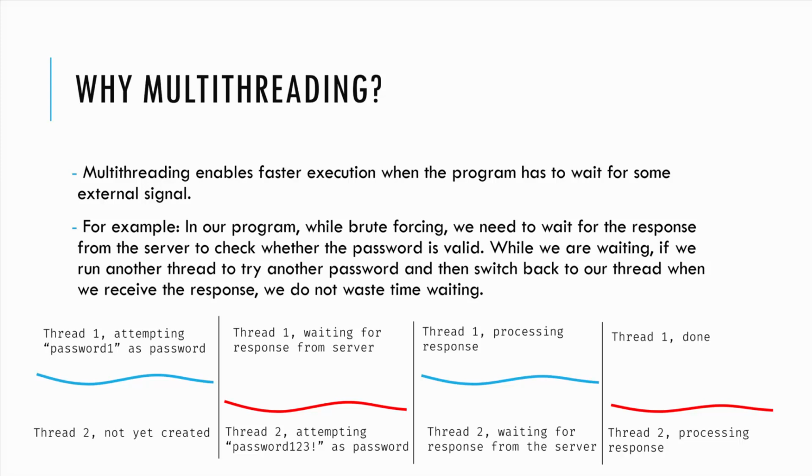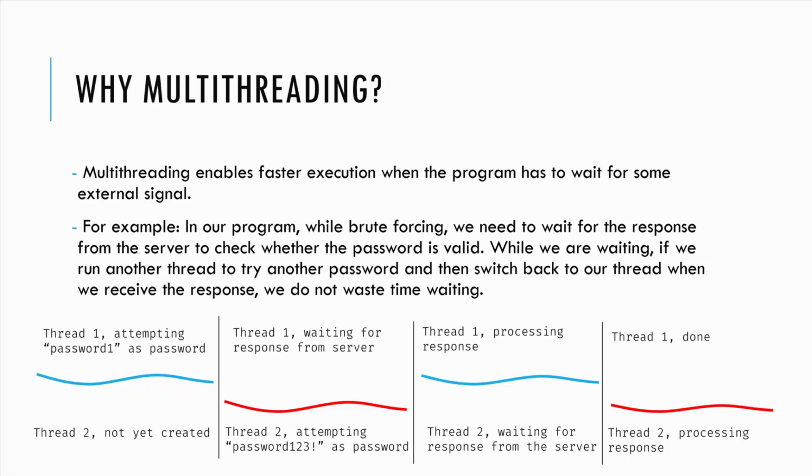It first attempts login with password 1, then it has to wait for a certain amount of time while the server receives the request, processes it, queries the database, checks for the correct password, and then sends us back the response. So there is some time where the thread has to wait. And this time gets accumulated as we try more and more passwords, and it becomes quite a large amount of time wasted.